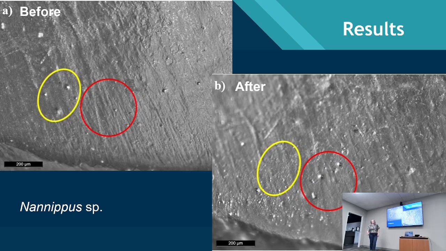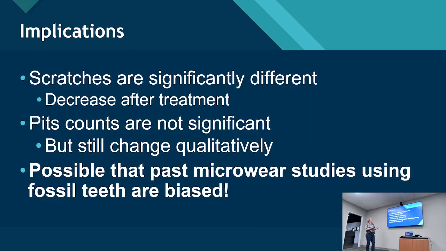So we're seeing that even though there's the same number of pits, it's actually new pits that have been created and the other ones have been erased. So the conclusions of this and most of my research is that we did have a lot of significantly different, or the counting and scratches was different.